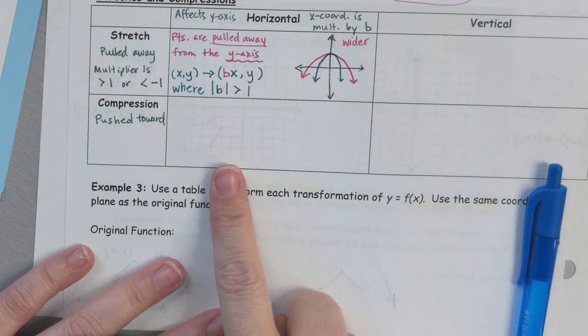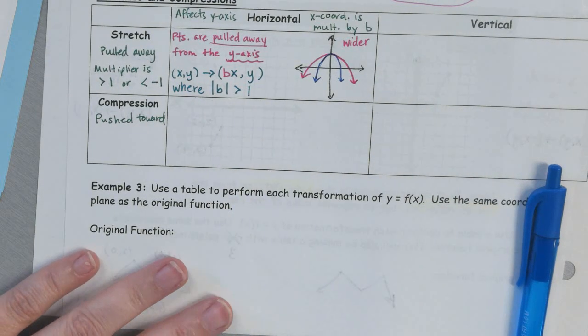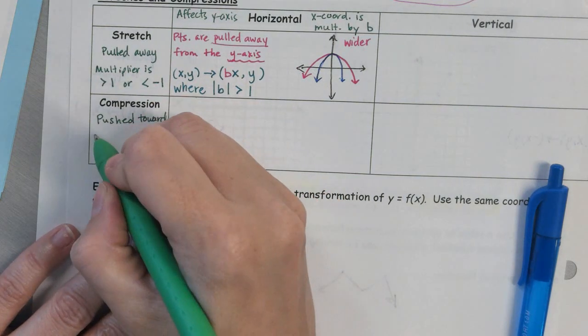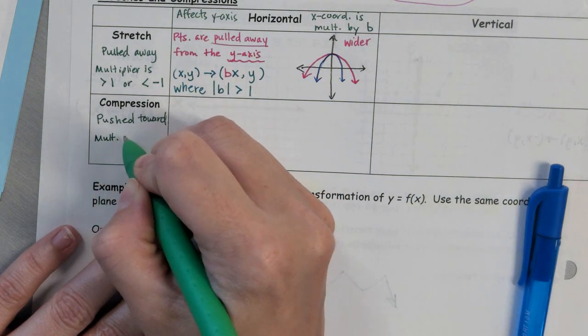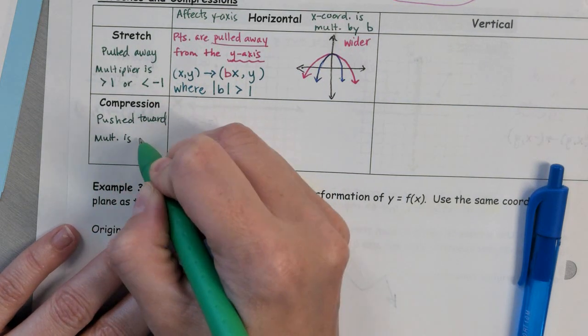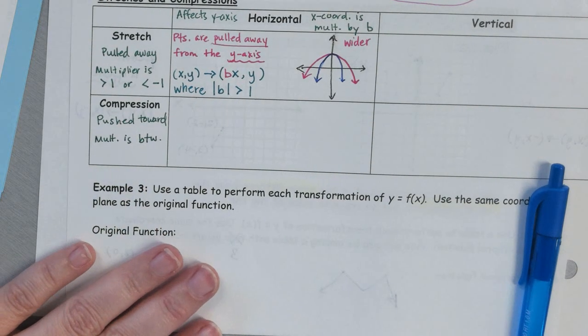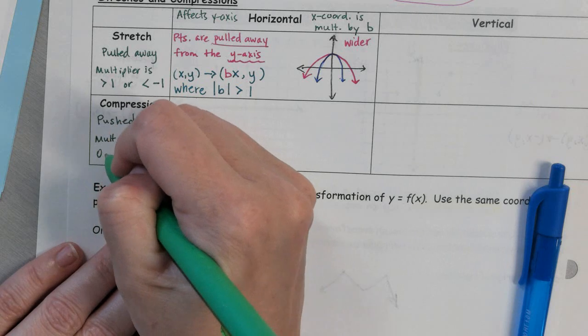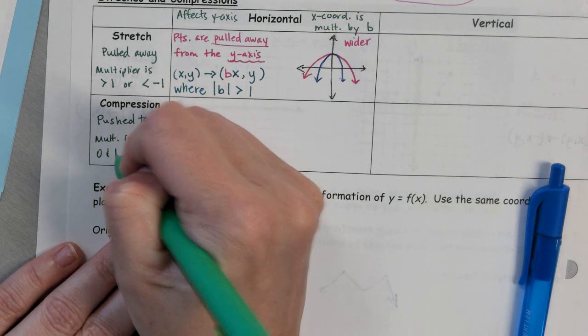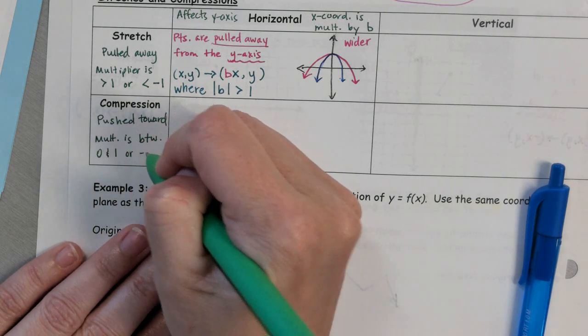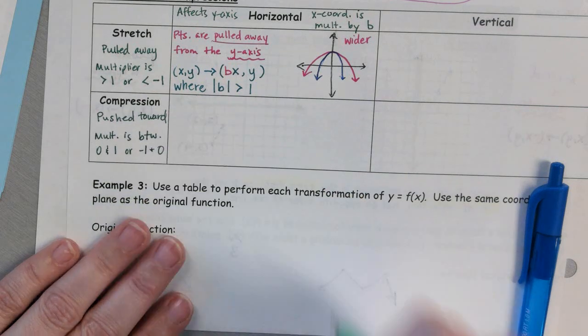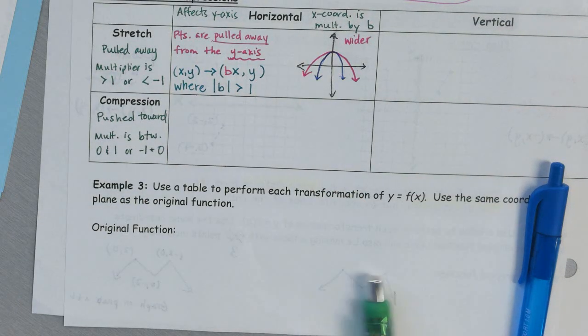For horizontal, it'll be towards the y, vertical, it'll be towards the x. And then the multiplier for this is between 0 and 1, or -1 and 0. Well, what does that mean?